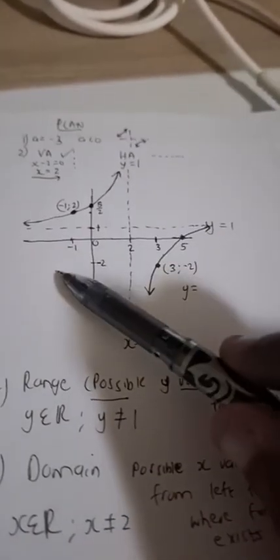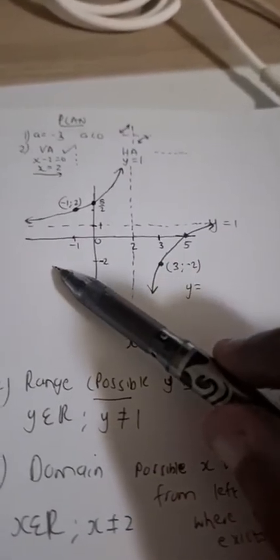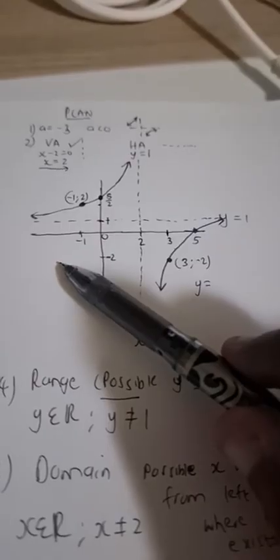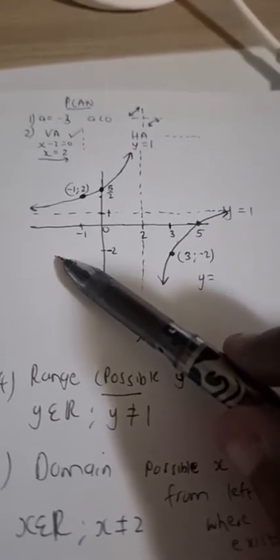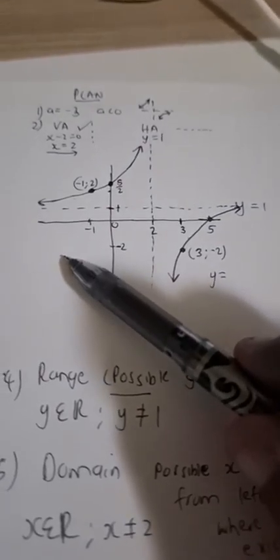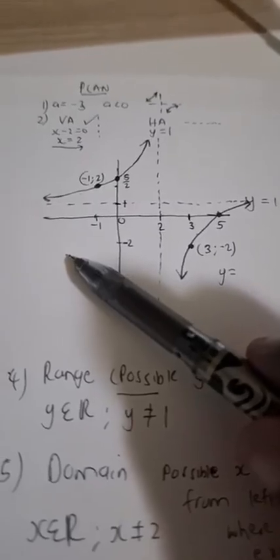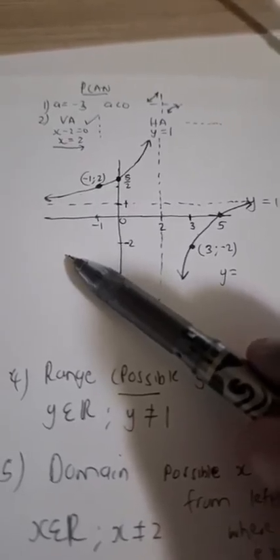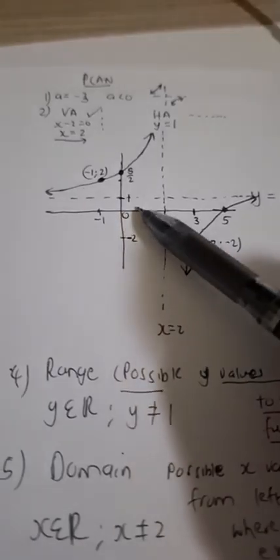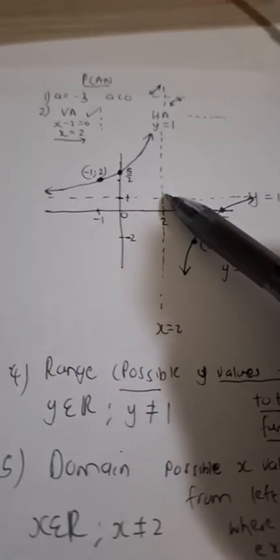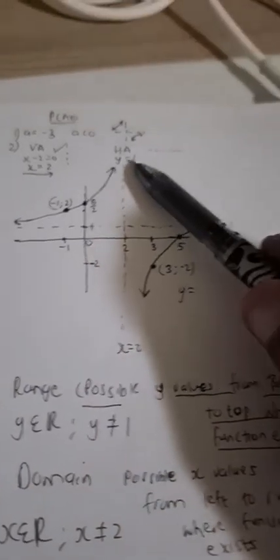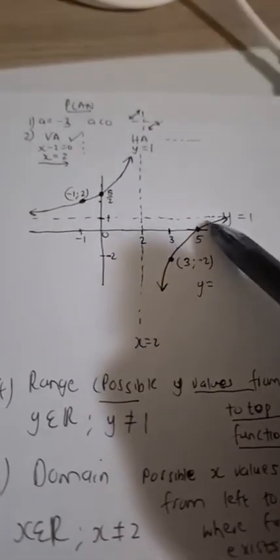Roughly speaking, guys, there are two functions of the same type. The axis of symmetry is a straight line that has a positive gradient and passes through the point of intersection of the vertical asymptote and the horizontal asymptote.